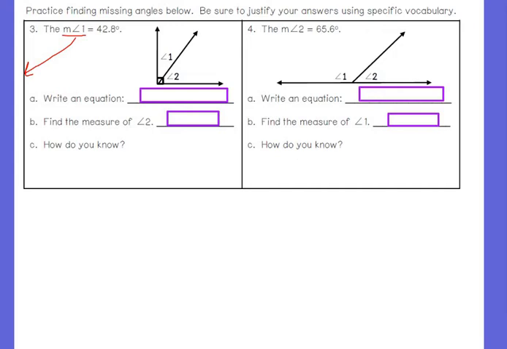We didn't want to write all of this out, so we came up with lots of symbols. What this means is measure of angle 1. So instead of writing all that, I wrote an M with the angle symbol 1.